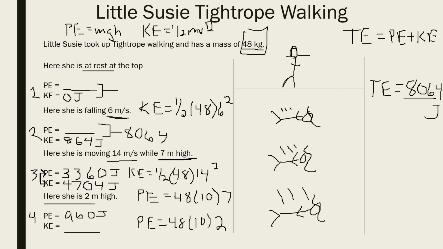So check it out. 0 plus 8064 equals 8064. 8064 minus 864, the potential energy here is 7,200.